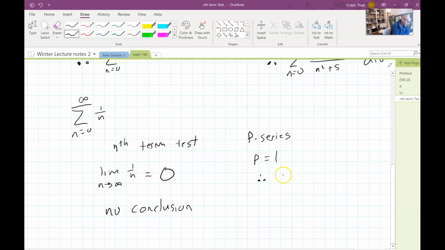Therefore, this series is divergent. Because again, we know the p-series test says that if p is greater than 1, it's convergent. If it's less than or equal to 1, it's divergent.